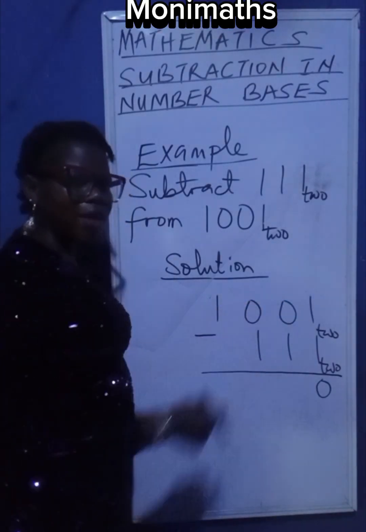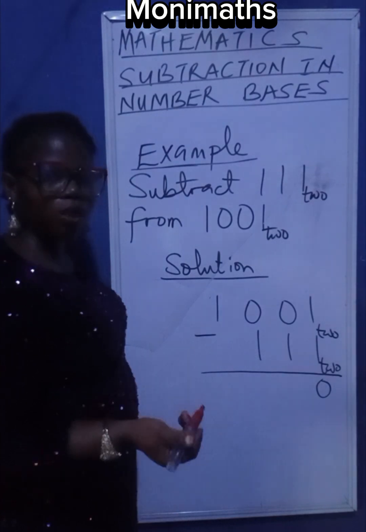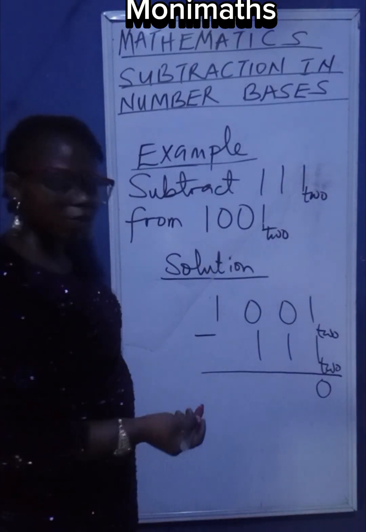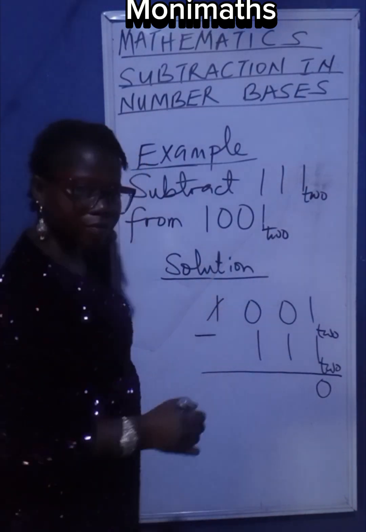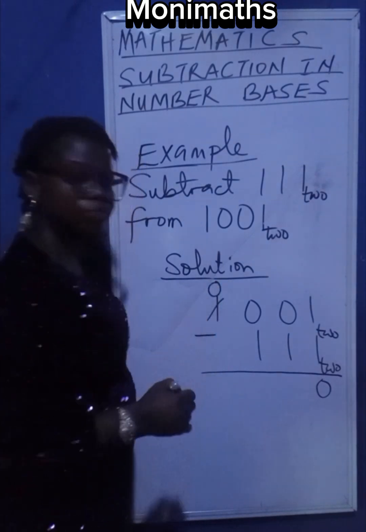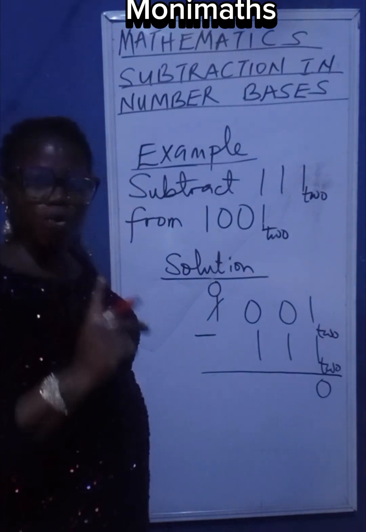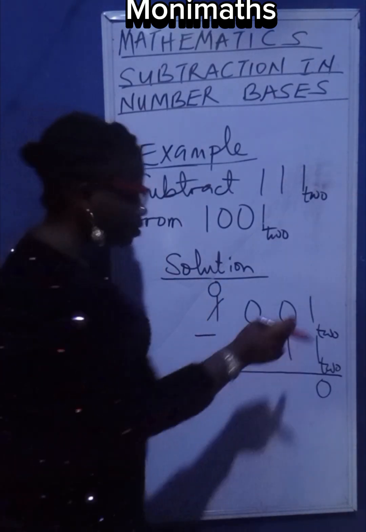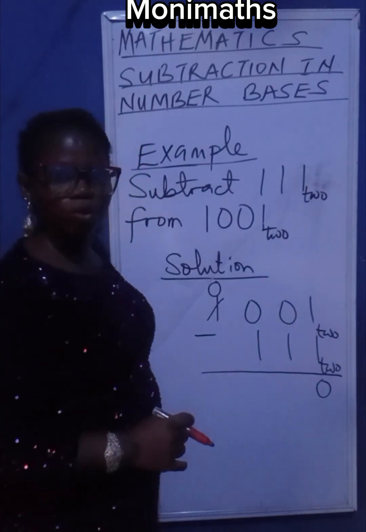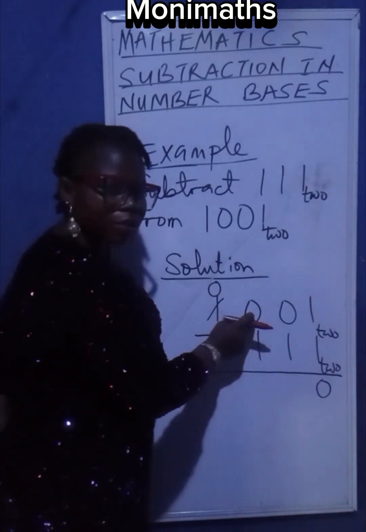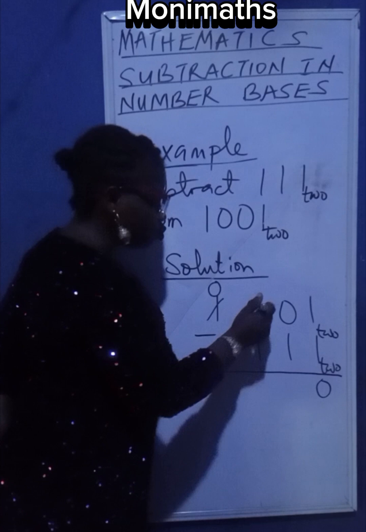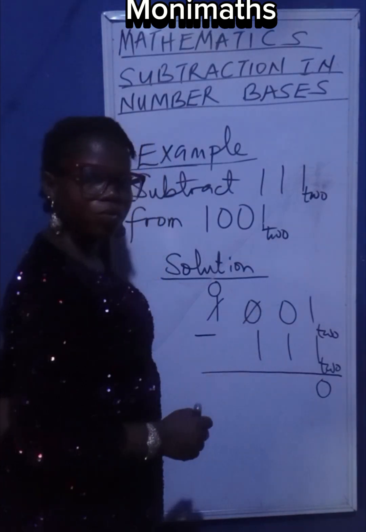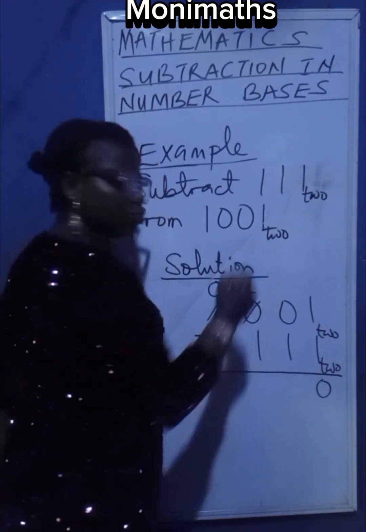The next place value that we have to borrow from is also deficient, so we go to the next one. We borrow 1 from here, this will remain 0. That 1 that we have borrowed is not 1, it is the base, which is 2. So when you bring it here, 2 plus 0 will give you 2. So we no longer have 0 there. What we have there is 2.